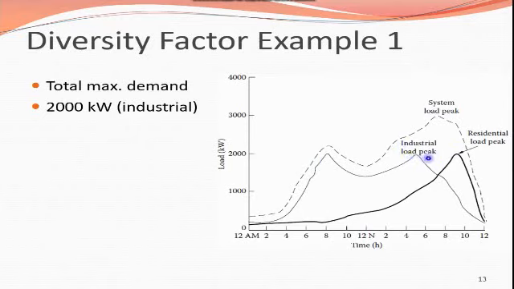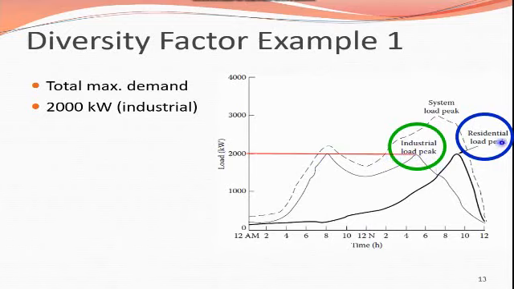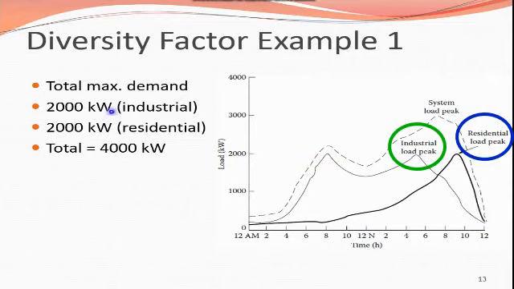We can see here that the maximum demand of the industrial load is equal to 2000 and the maximum demand of the residential load peak is equal to 2000. So the total of the individual maximum demands is equal to 4000: 2000 kilowatt industrial, 2000 kilowatt residential, and total equal to 4000 kilowatt.